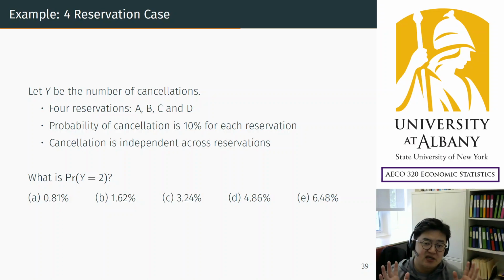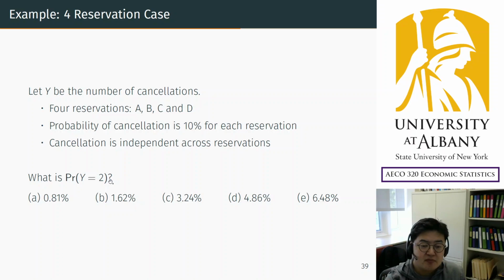Y is the number of cancellations as usual, but we consider 4 passengers or 4 tables, A, B, C, D, and everything else is the same. The probability of cancellation is still 10%, and cancellation is independent across reservations. In this case, I'm going to consider the probability that 2 of these 4 reservations are canceled. Exactly 2 are canceled, right?